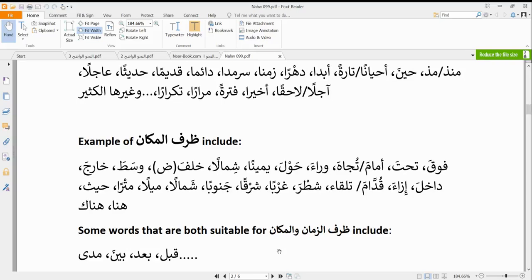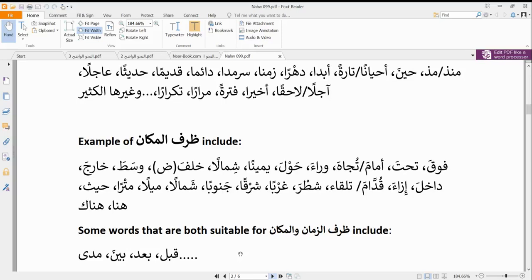So now we also have some words that can work as both zuruful zaman and zuruful makan. And an example here for us under those words are qabla, which means before, ba'da, which means after.